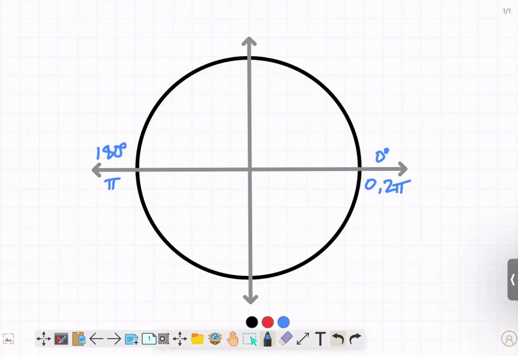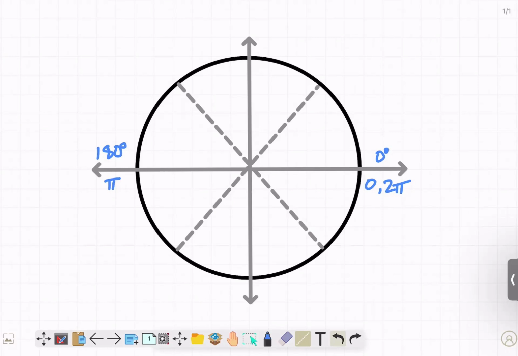But let's think about if we took the top of this circle and split it into 4 equal pieces. The y-axis already splits it in half, so I want to split it into 4 pieces. My circle is not quite to scale, but let's say that top half is 4 equal pieces.